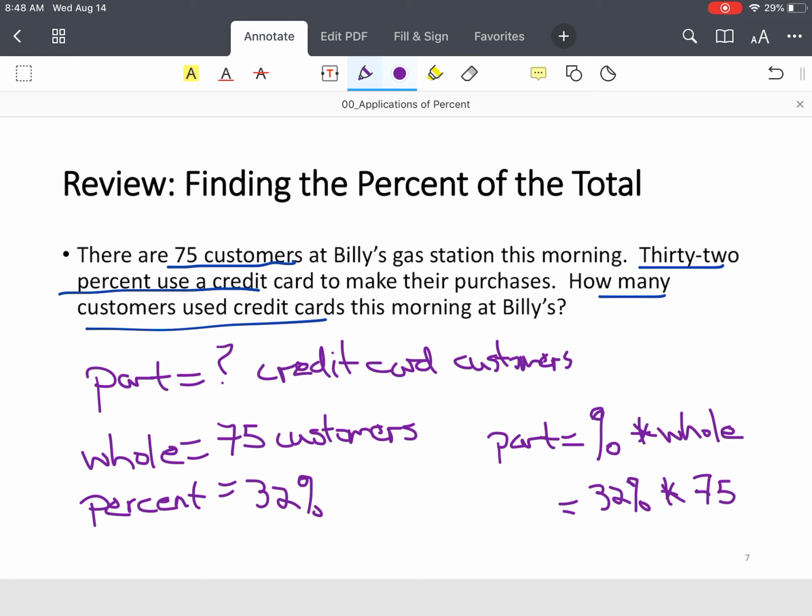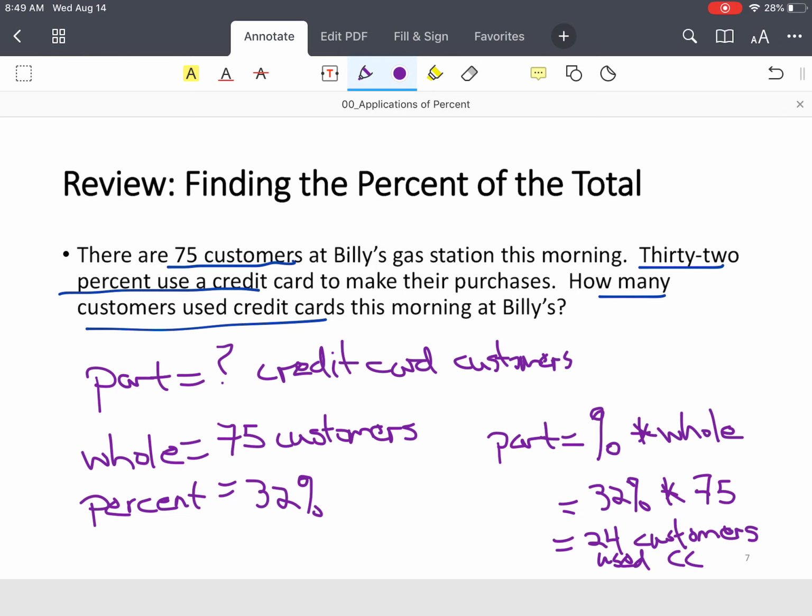Then we're gonna take a calculator and you say 32%, all right, or 0.32. So if your calculator has a percent sign, use it. If it doesn't, just go 0.32 times 75, which is 24 customers used credit cards.